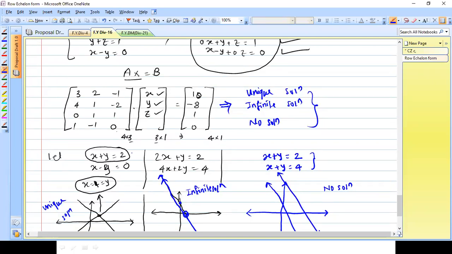If you go to 4 by 3 or 3 by 5 equations, the complexity of the visualization increases, so you are not able to see it. But by using rank, without solving, you can comment on whether the equation has a unique solution, infinitely many solutions, or no solution. That we are going to discuss in the next lecture.